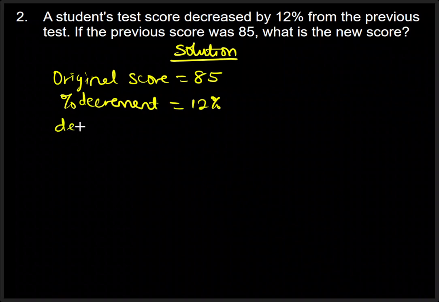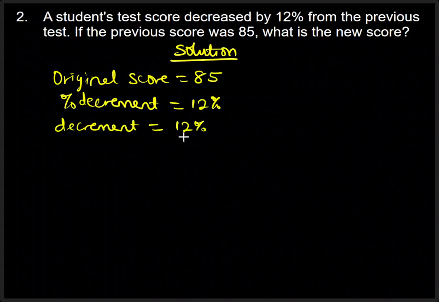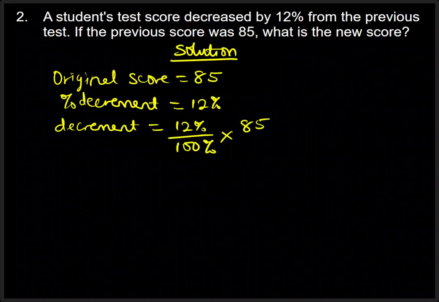That means we need to get our decrement first. So decrement equal to 12% all over 100% times 85. All right, so let's see. 5 into 85 will give us 17, and then 5 into 100 will give us 20, and then 4 into 12 will give us 3, and 4 into 20 will give us 5.